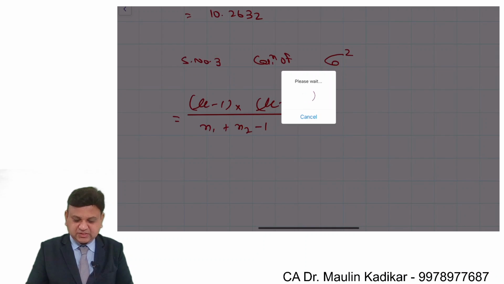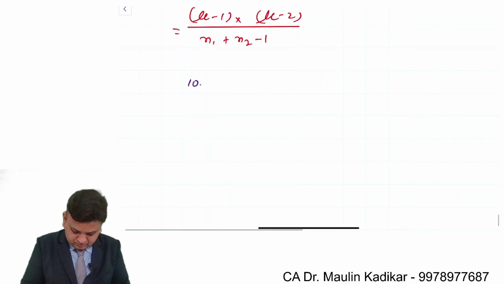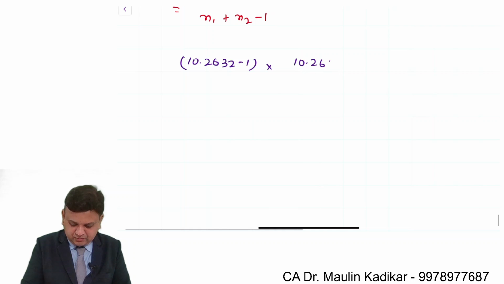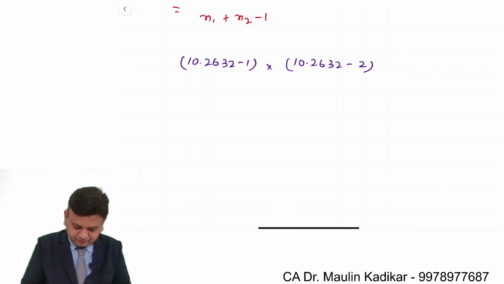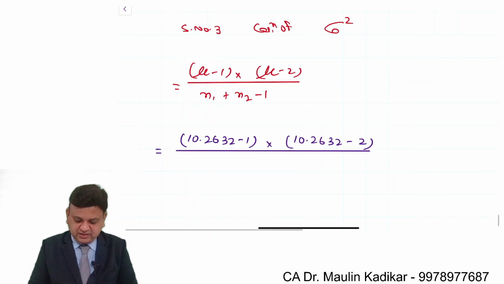Okay. Now what is the mu? Mu is 10.2632 minus 1 into again 10.2632 minus 2 divided by N1 plus N2 minus 1. What is the value of the N1?